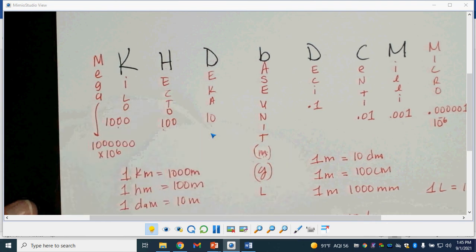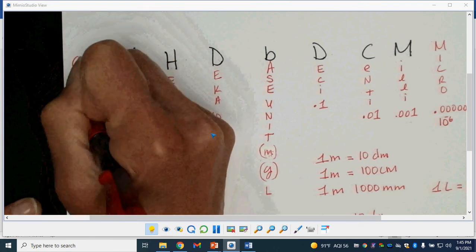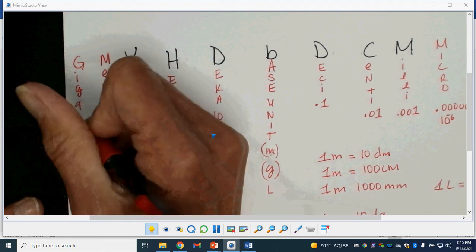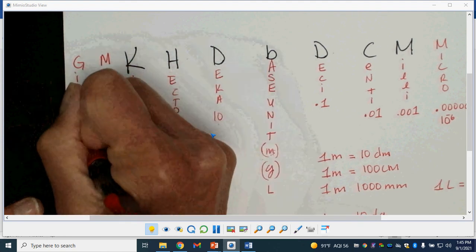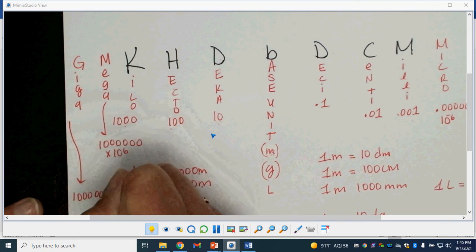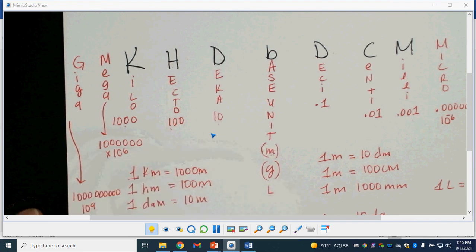And then one more is giga. Maybe you've heard that. That means a billion, so 1,000,000,000, or 10 to the 9th.